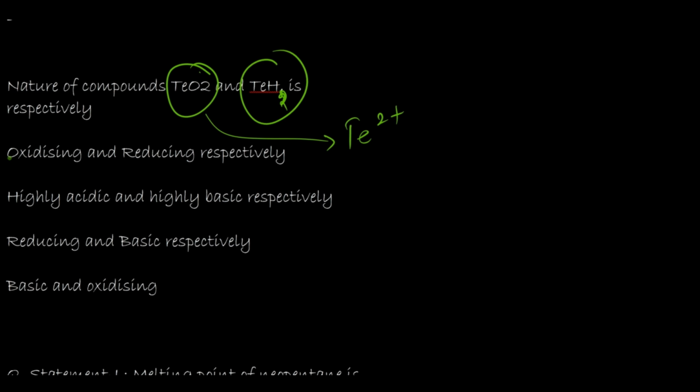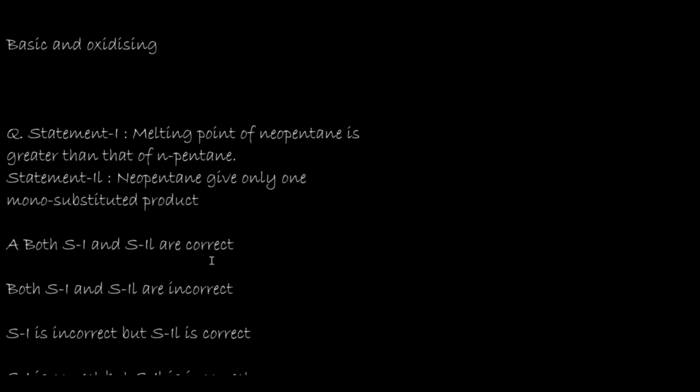So here this is Te4+. It can easily gain 2 electrons to undergo reduction to form Te2+. Itself reduces, so it can act as an oxidizing agent. And TeH2 can act as a reducing agent, where the oxidation state here is Te2-. So option A, oxidizing and reducing respectively, is your right answer.